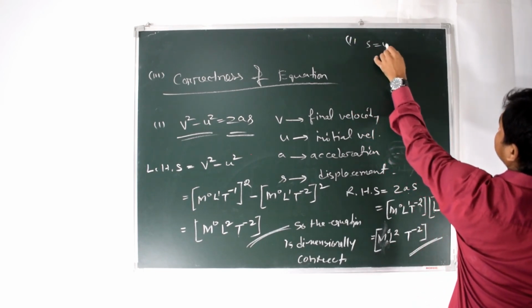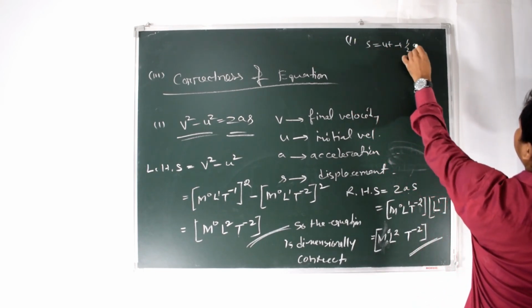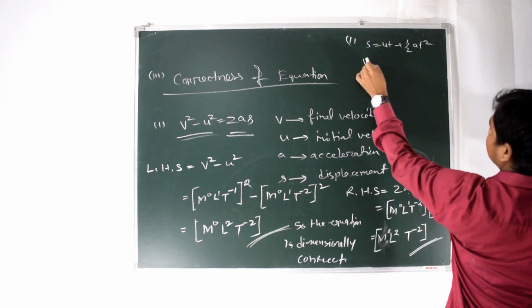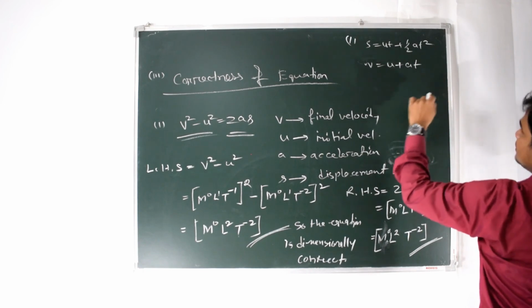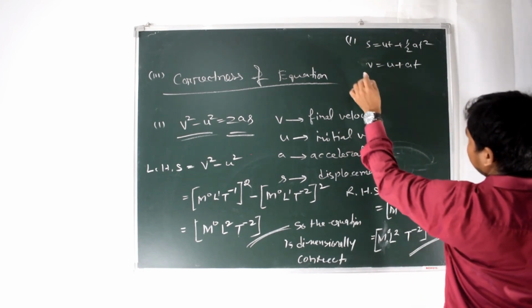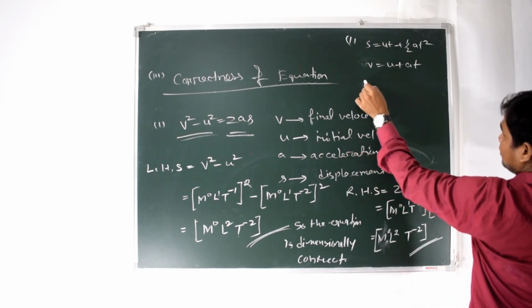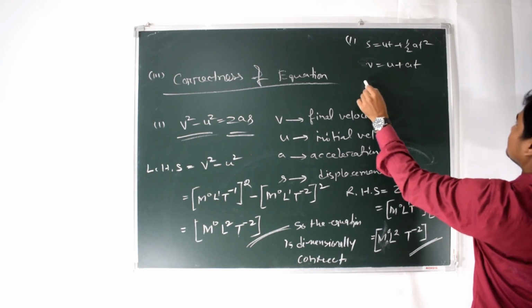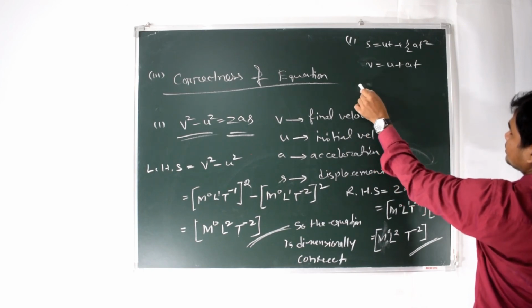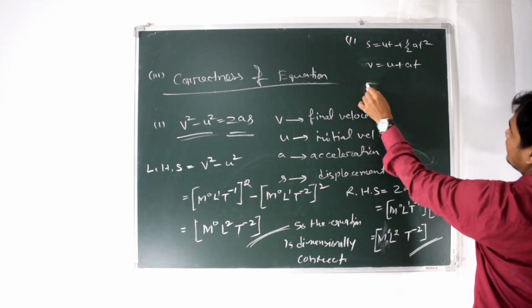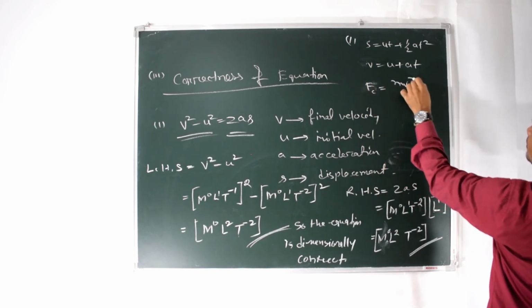Like this, you can do it yourself at home. Like s is equal to ut plus half of a t squared, v is equal to u plus at, where the symbols have their usual meaning. Centripetal force Fc is equal to mv square by r.